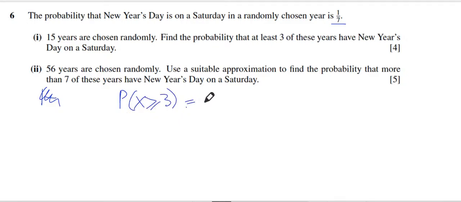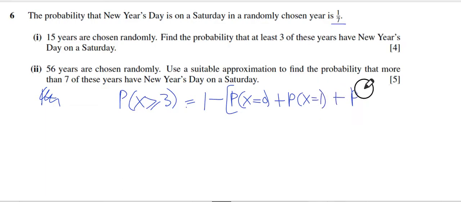I take 1 minus the probability of x equals 0, plus the probability of x equals 1, plus the probability of x equals 2, then the answer will be the probability for 3 all the way to 15.